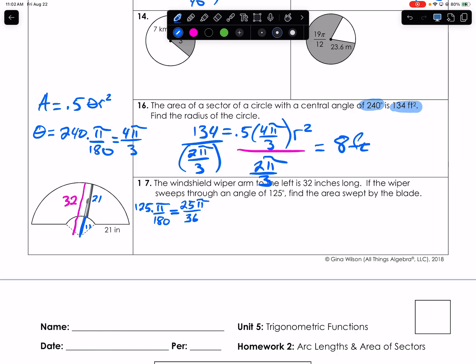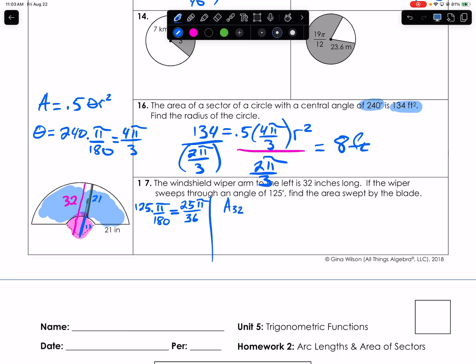Okay. So we have to figure out two areas because they want us to find the area of this part in here, not this part. So we're going to get all of the area together minus the 11 radius area, and we're going to subtract those two. So here's how I write it, and here's how I want you to write it as well. A sub 32.